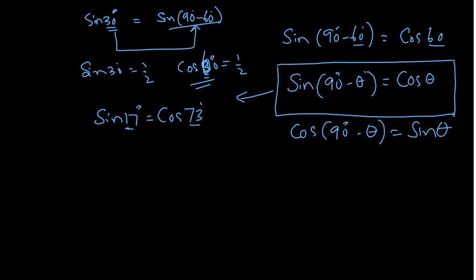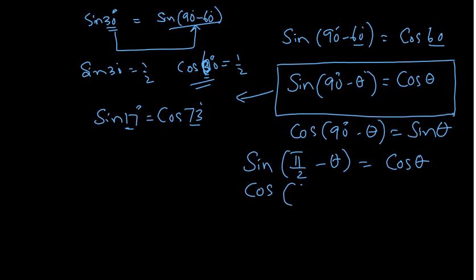Good. So this is in degree form. If I were to write the radian form, simple: sin of pi by 2 minus theta equals cos theta. I replace 90 by pi by 2.